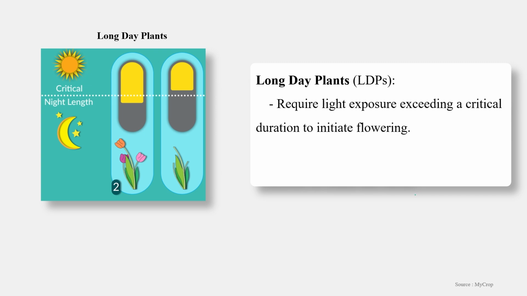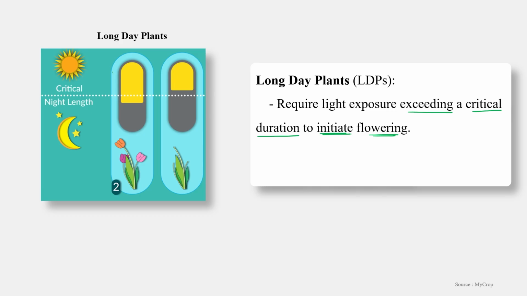Okay, so a long day plant requires light exposure exceeding a critical duration to initiate flowering. As you can see, this is the minimum requirement of the plant. This is the critical period.